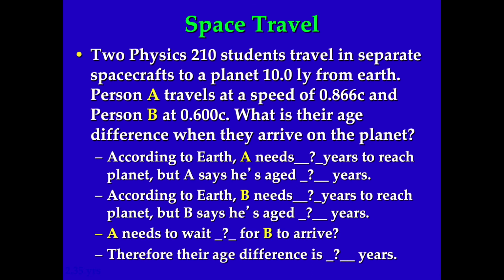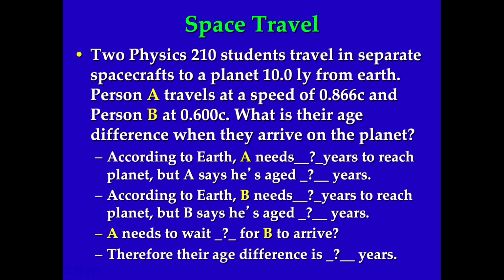But since A is on the rocket, A ages slowly. So you use time dilation to figure out how much A aged. Same thing with B. Since B undergoes time dilation, you have to figure out how much B aged. You take the time it takes for B to get there divided by gamma.